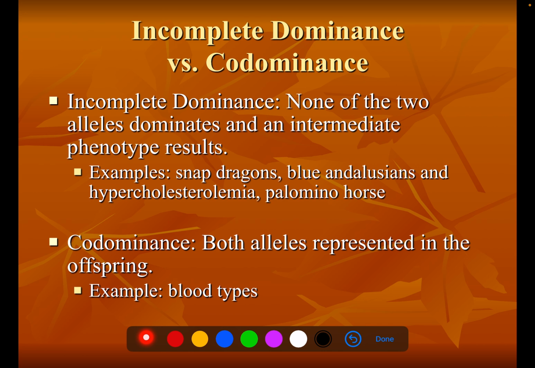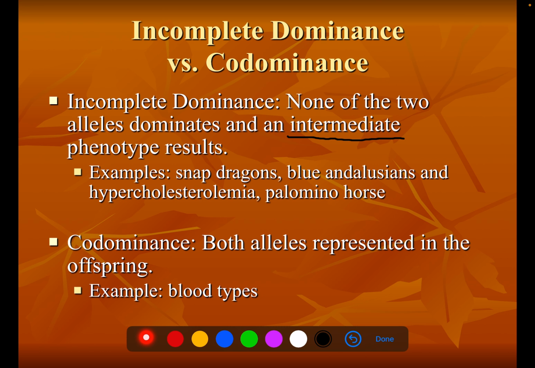So when neither of the two alleles dominates, you're going to get some sort of intermediate phenotype. You should think of this as like a blending scenario, like mixing paint. Cross a red with a white, or mix red paint with white paint, and you'll get pink, right? In Mendelian genetics, if you crossed the red with a white, you would have gotten all red or all white. This is not that case.